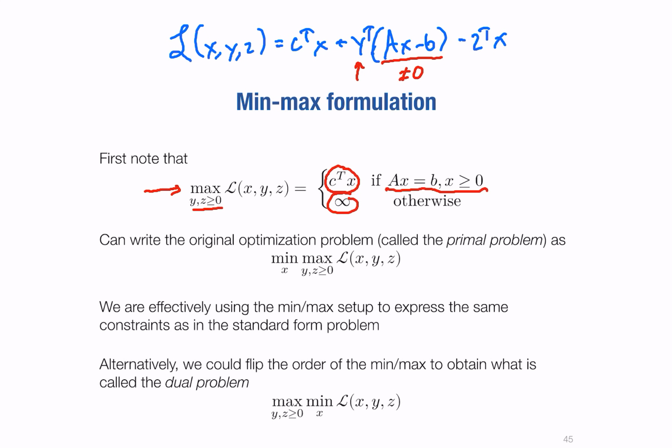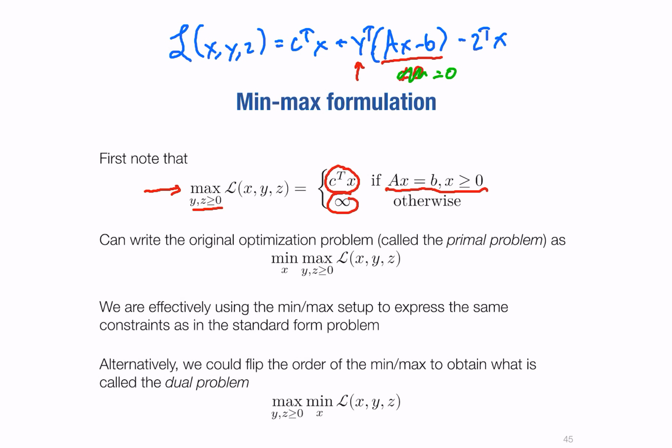And in doing so, I can make the Lagrangian term as large as possible. So the only way that the maximization over y will not be infinite is if this term, in fact, equals 0. If it equals 0, then I cannot make it as large as possible by picking a value of y. It doesn't matter what value of y I pick, this whole term will always be equal to 0.